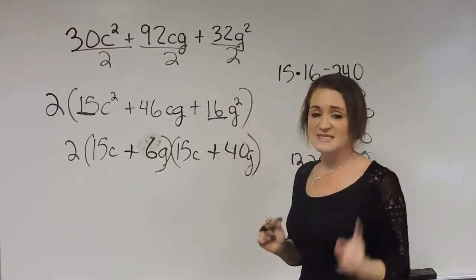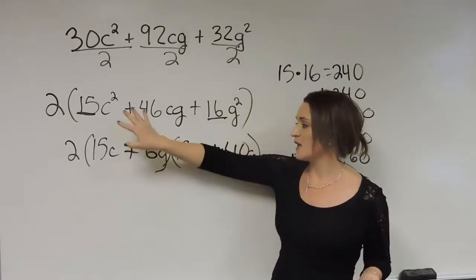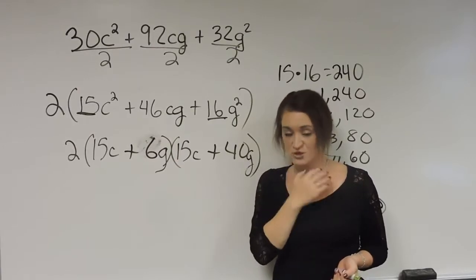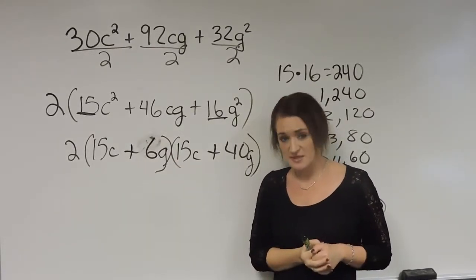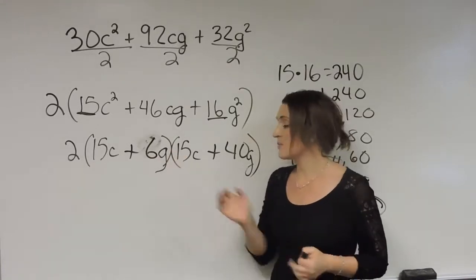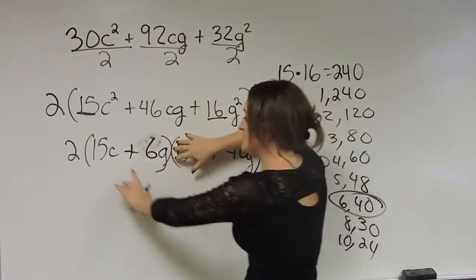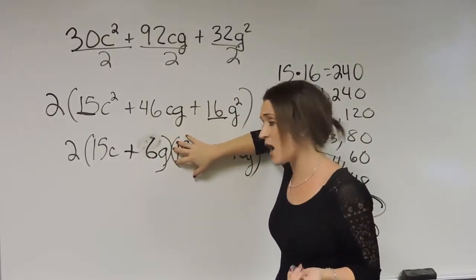The last step in no fuss factoring is this. We take a look at one or both of our factors here, so that we can simplify. In no fuss factoring, the last step is always to simplify out whatever number we notice we have in common here. So looking at the first factor, we're going to take a look at the 15 and the 6, and we're looking for what number they have in common.